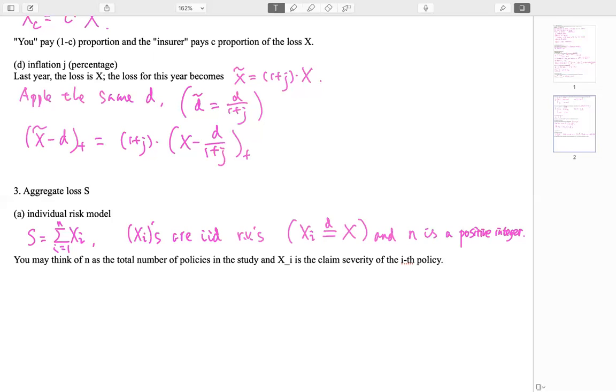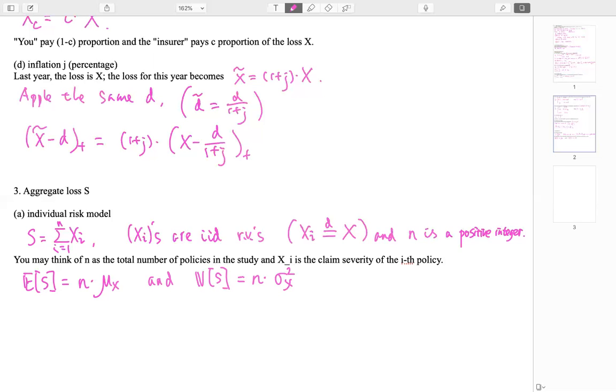Since they are IID, there are two results that are trivial. Mu X is the mean of X, and the variance would be n times sigma X squared.